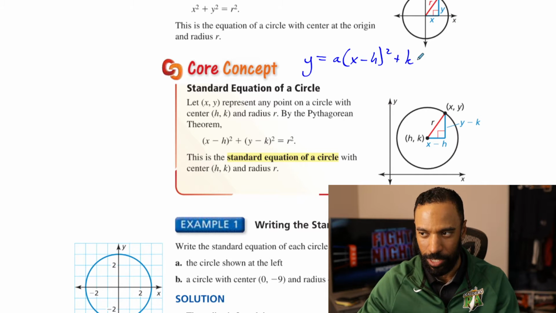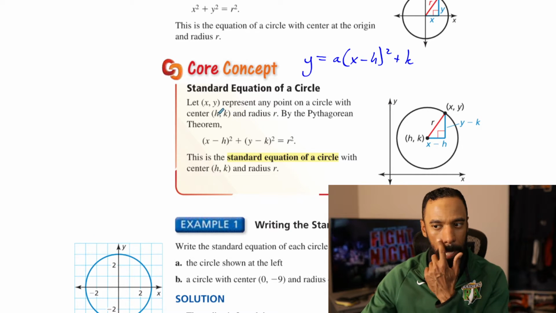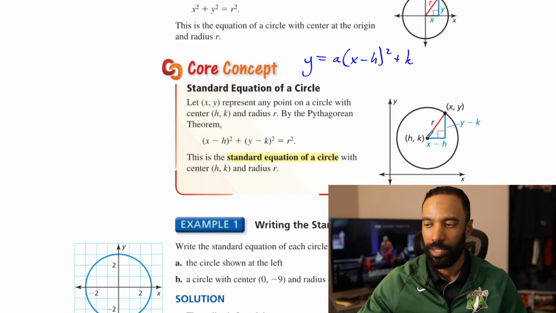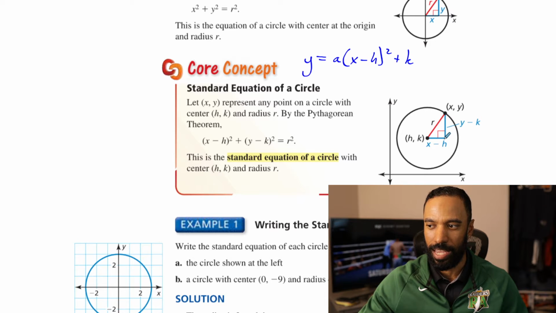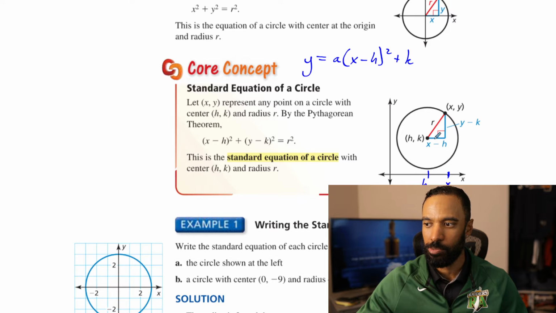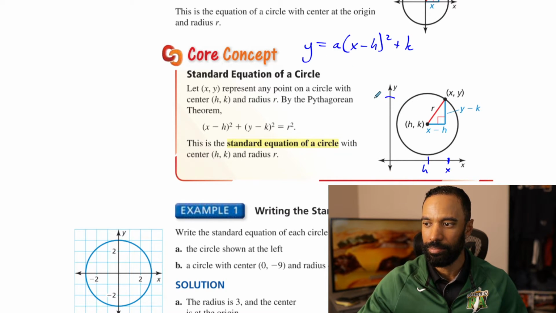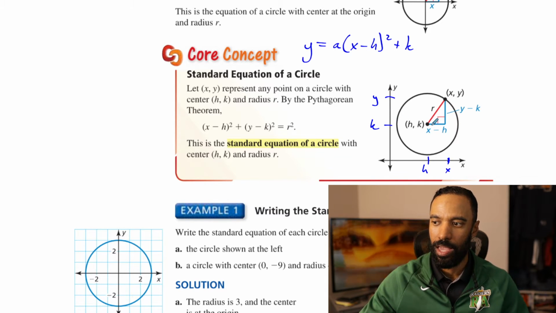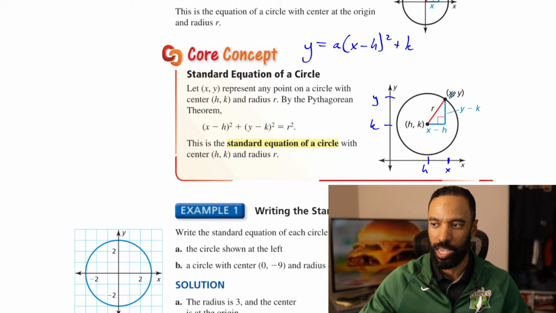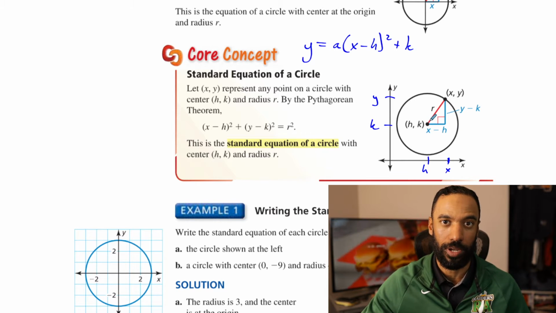Remember, your vertex was at h comma k. Well, look at this. If h, k is your center, then x minus h, remember x would be this part, and here's h, right? x minus h is the distance right here, and y minus k, this is your y point, this is your k point. y minus k is the distance here. So x minus h squared plus y minus k squared equals r squared is another equation that we can use here.